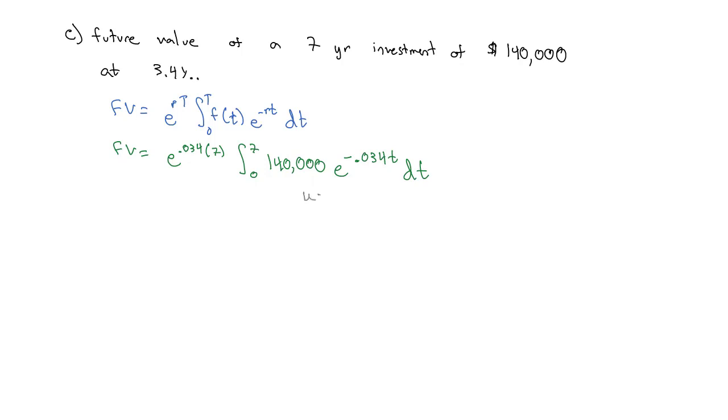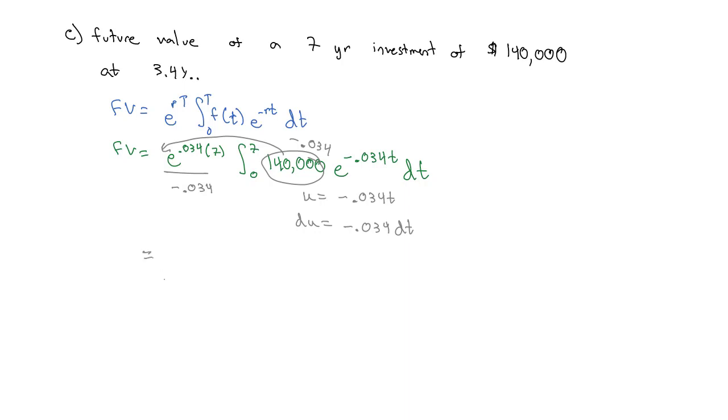So again, we're going to do a u substitution, where u is equal to negative 0.034t, which makes du equal to negative 0.034 dt. I'm going to pull the $140,000 out front. I'm also going to divide by negative 0.034 so that I can multiply by negative 0.034, so we have that in there for the dt.